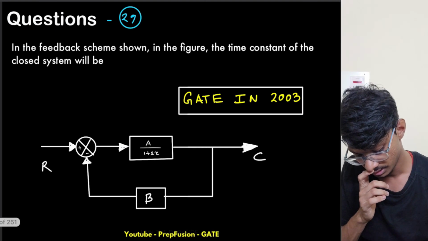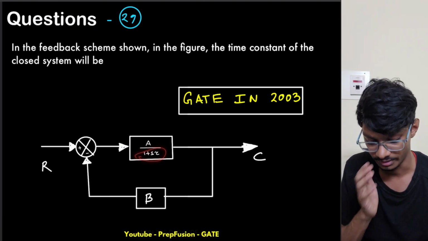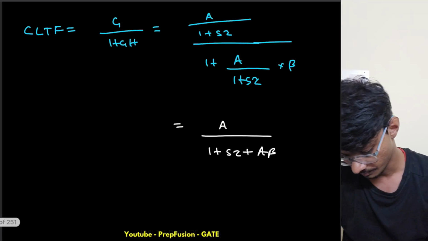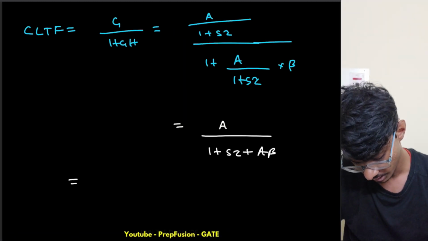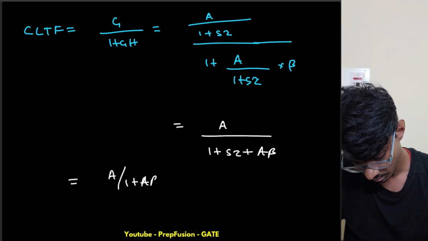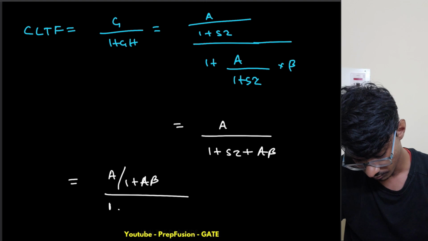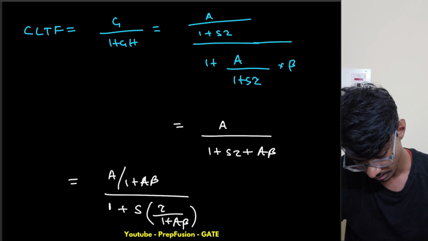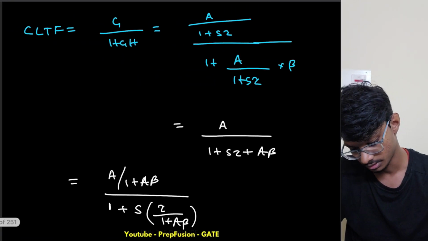The form is the time constant format, the coefficient of s is the time constant, right? So take 1 plus a beta common, so a upon 1 plus a beta, times 1 plus s into tau upon 1 plus a beta, right? So what is the time constant?